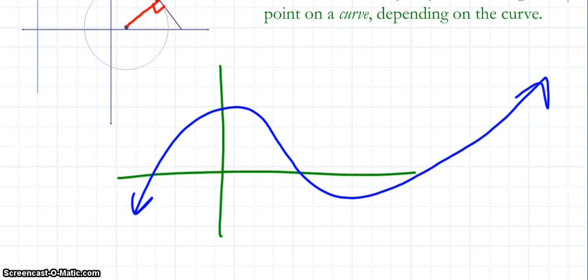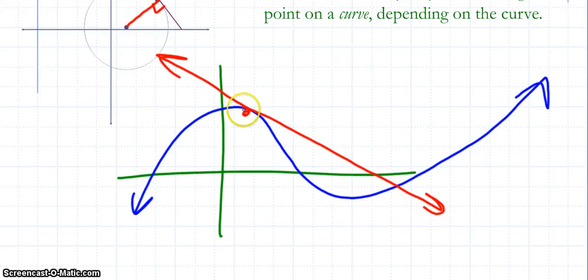Well, if I have a tangent line, let's say here, so if I'm tangent right here to the curve, I can see that the tangent line still does cross the function at some point. So being tangent to a function does not mean that you don't cross the function. It just means that you're touching the function at one point, at the point of tangency.